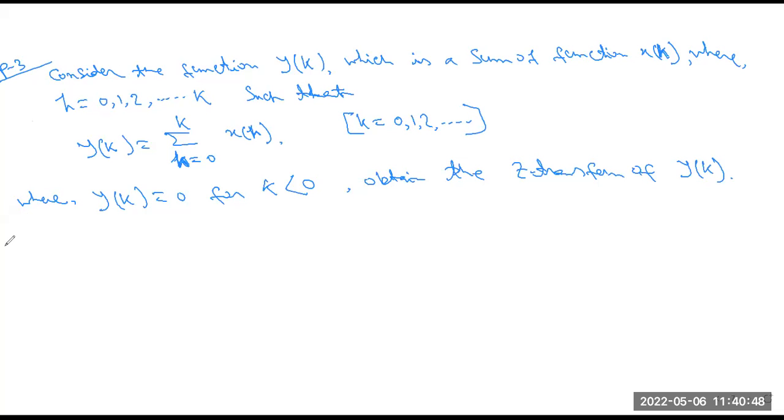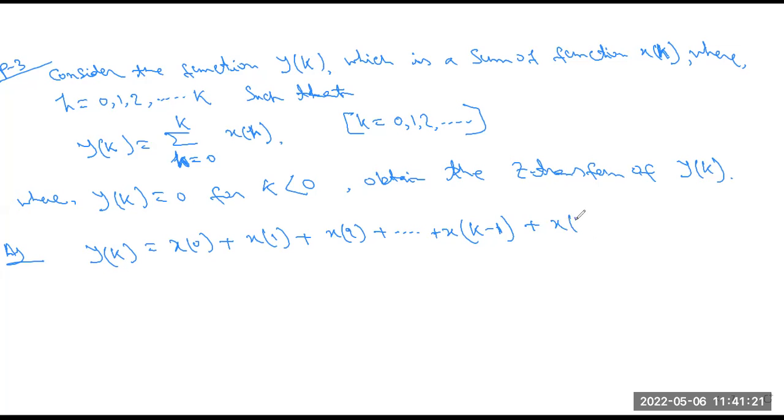So this is very easy. First of all, the function y of k is equal to the sum with limits applied from 0, 1, 2 and so on. So the first function is x of 0 plus x of 1 plus x of 2 plus and so on, up to the previous one, x of k minus 1, plus x of k.